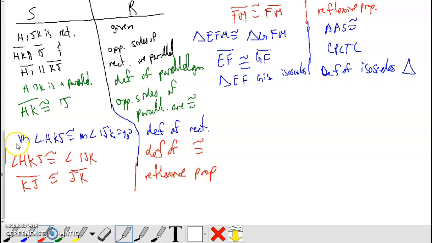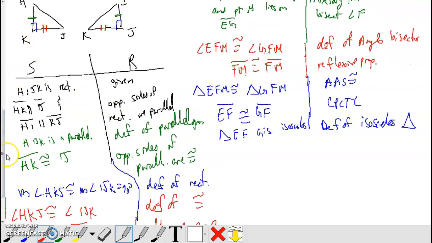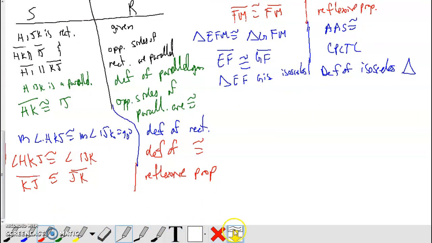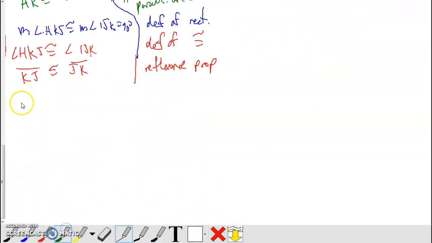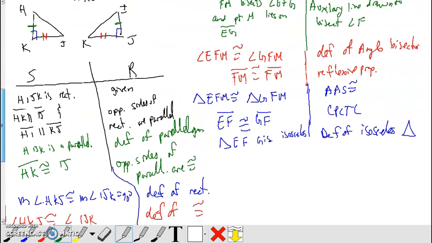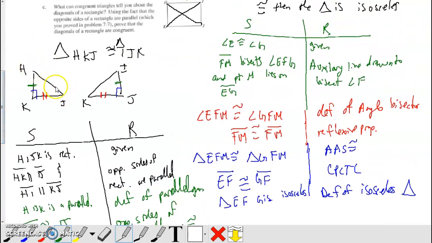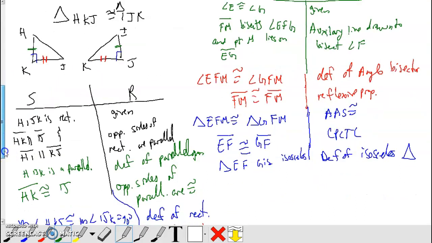That's exciting. Now I figured it out. I have side, angle, side. So I'm going to put down that triangle HKJ is congruent to triangle IJK. Why do I get to say this? Angle, side, angle. What do I now know about the diagonals? They now have to be congruent to each other.